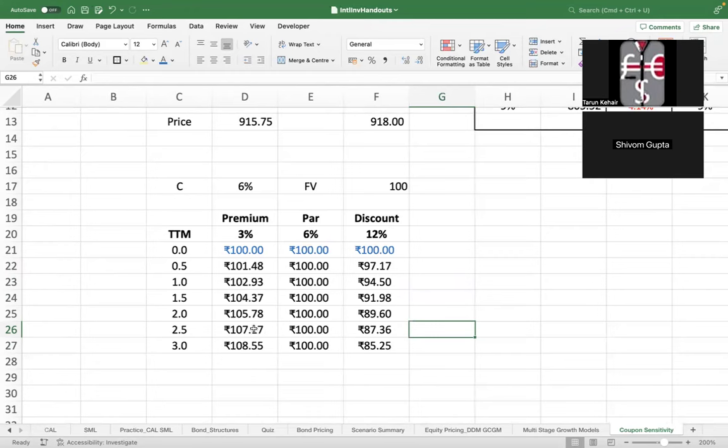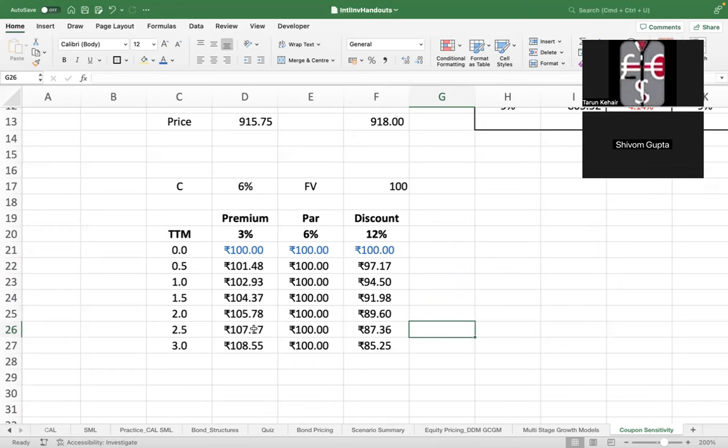So with this, we have completed the sensitivity, all three. We have established the relationship between yield and price. We have also added an additional dimension of coupon: for lower coupon bonds, the sensitivity of price to changes in yields is higher than in higher coupon bonds.